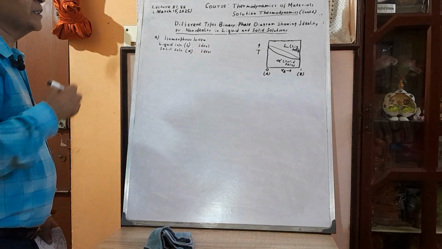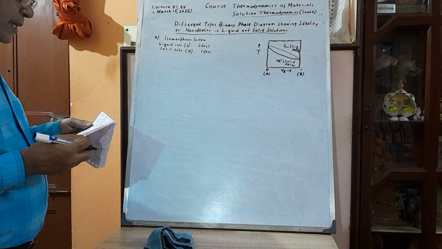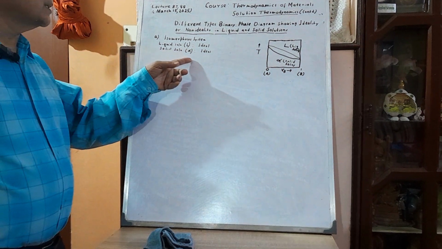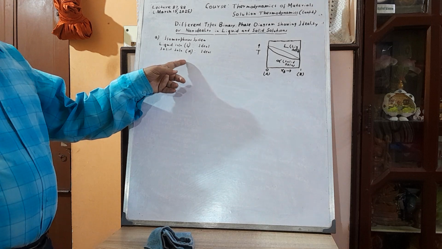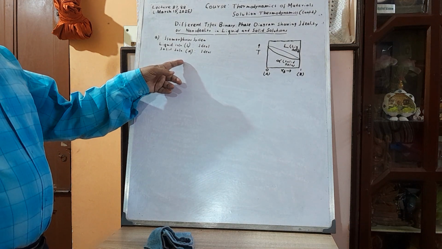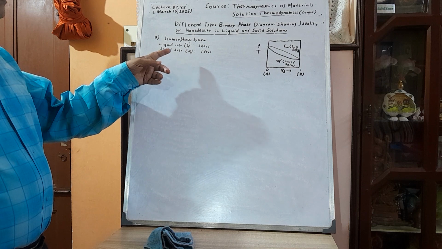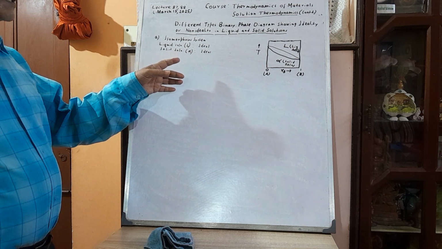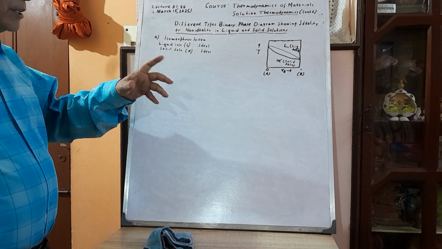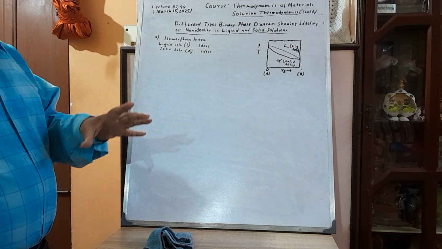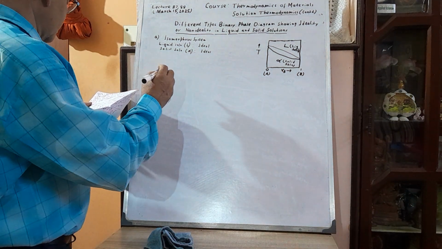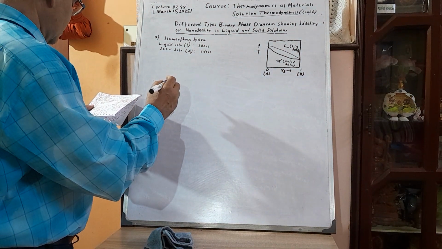When both are ideal, there is no ordering in the solution of AB, with respect to A and B. There is no ordered arrangement of A and B. It is totally random.